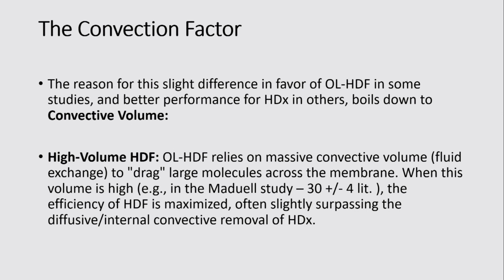High volume hemodiafiltration, which was employed by the Maduel study, used volumes of about 30 plus minus 4 liters, and that gave slightly higher efficiency of online hemodiafiltration as compared to expanded hemodialysis. And this may not be practically possible with every session because of constraints of vascular access, and maybe we need to increase the time of that particular session. So reaching this high convective clearance of 30 plus minus 4 may not always be possible.